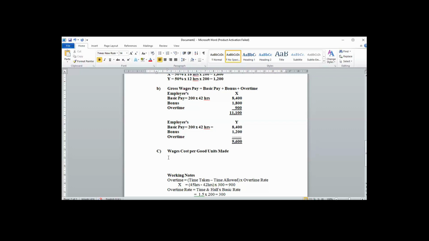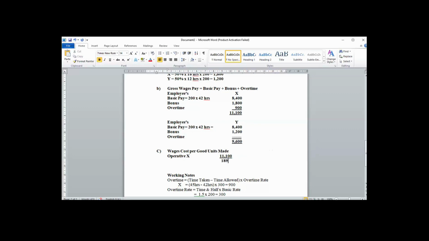Now, operative X. What is the total wages for operative X? 11,100, divided by, what is the total units produced by operative X? 189.